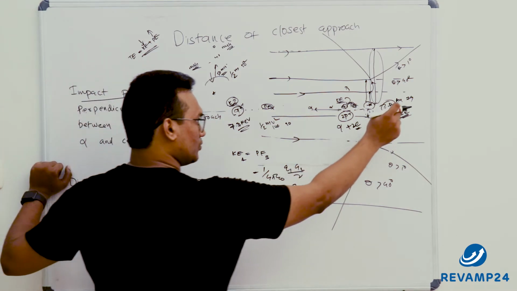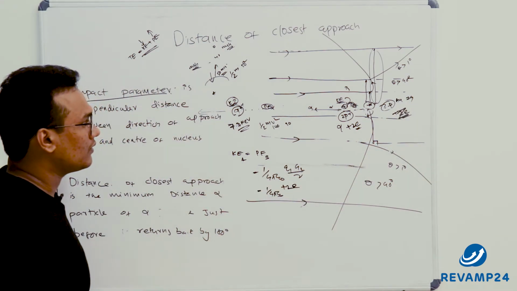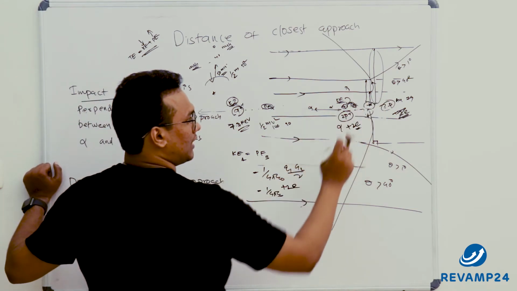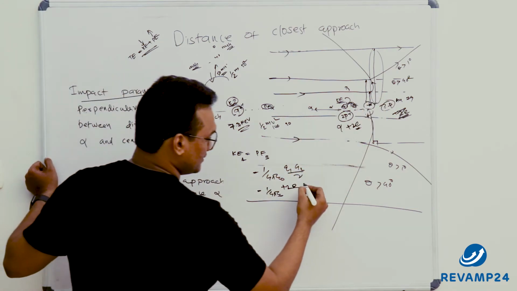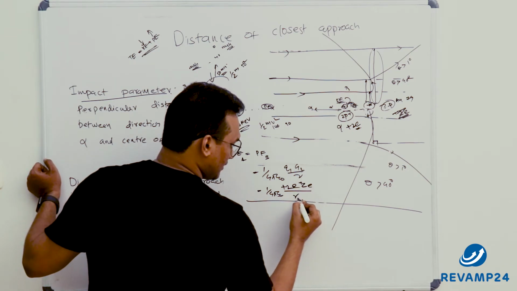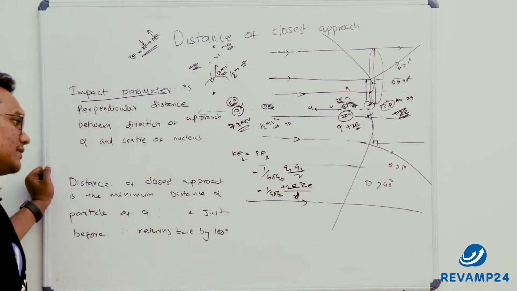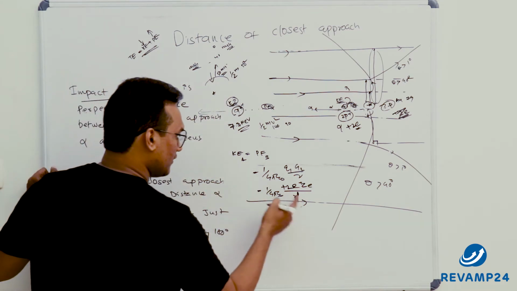Now Q2 is charge of nucleus of the atom having atomic number Z. What is that? Plus ZE divided by R. This is closest approach. So I will make it as D. Distance of closest approach.